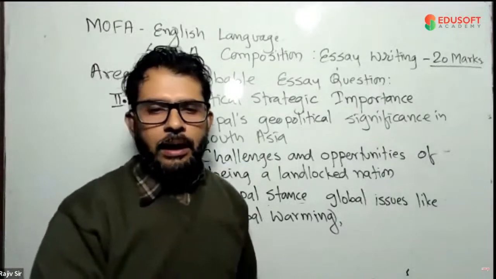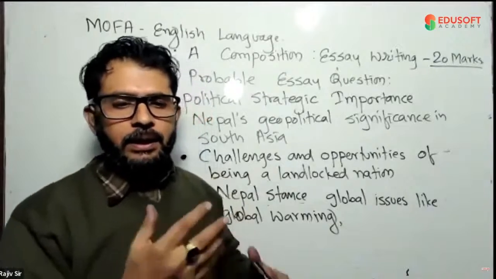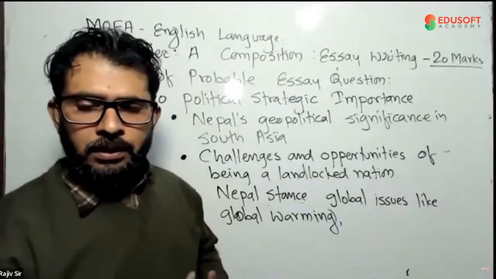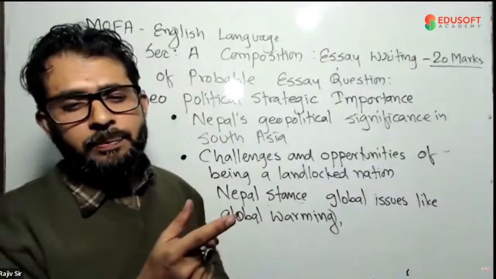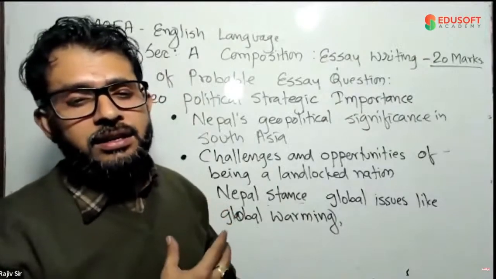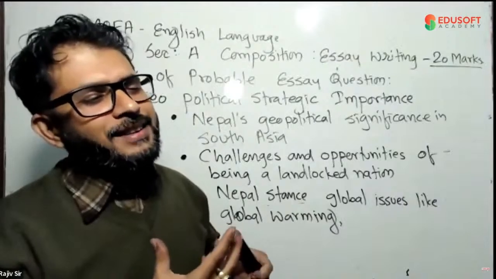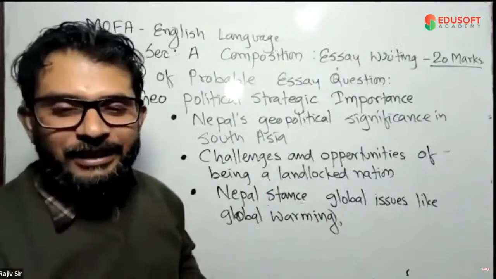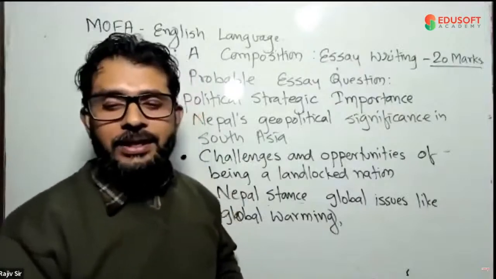Okay, I'm just going to take your active participation. Tell me, what are the global issues, students? Climate change, global warming. Others: refugees, terrorism. Last time your prime minister, sorry, our prime minister, said something about transnational terrorism. Climate change, very good.